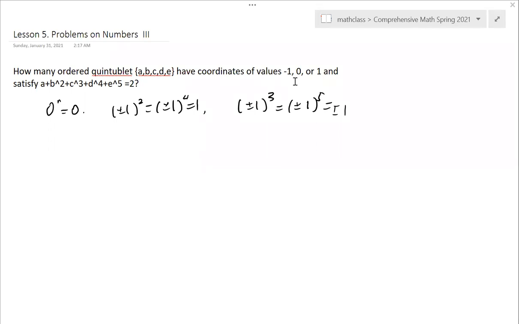So even when you put a square there, or cube it, b squared and d to the fourth power always come out either 0 or positive 1. So there are only two possible patterns.